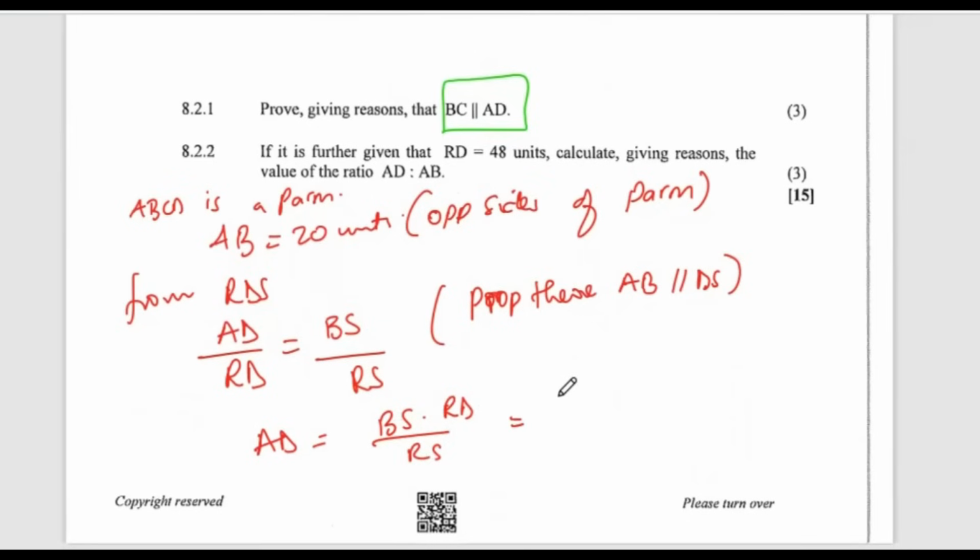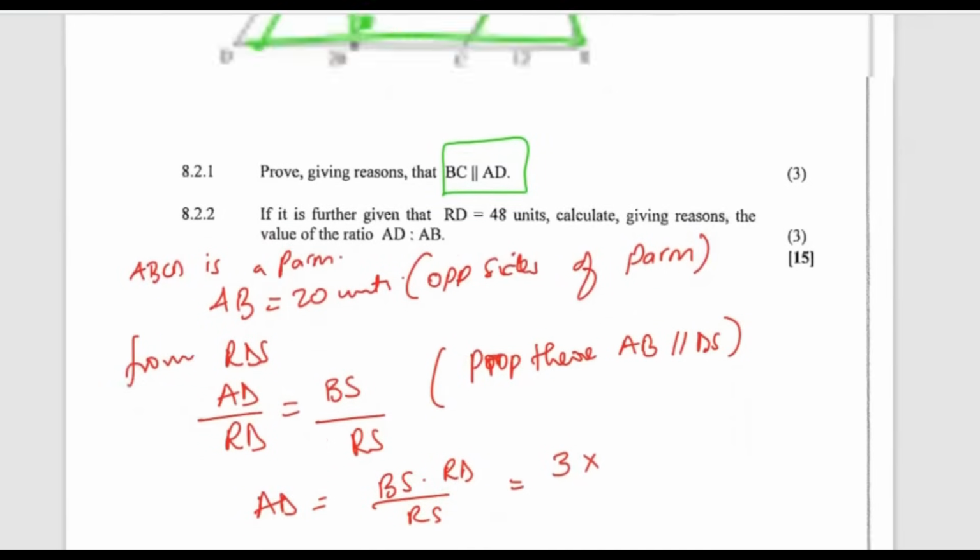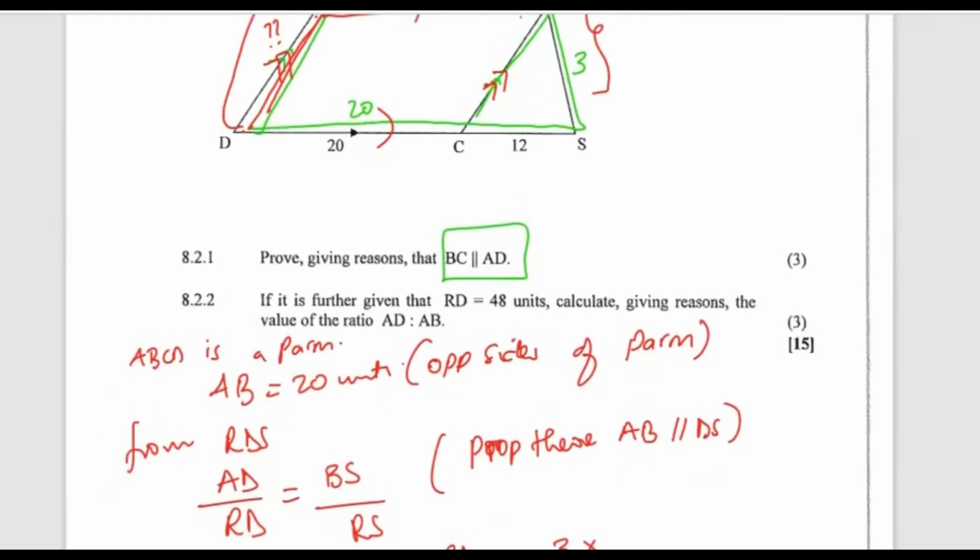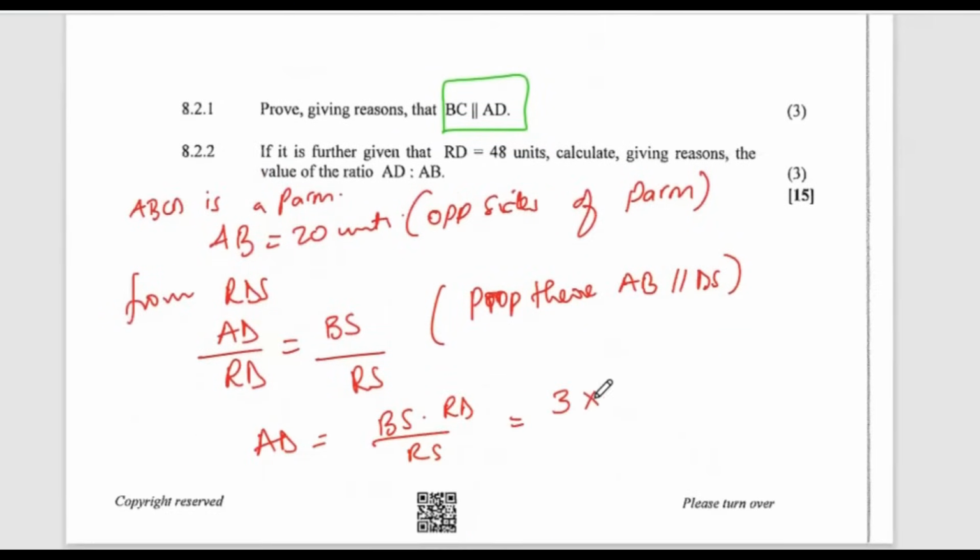So our BS we said was 3. And then I'm multiplying the 3 by the RD, which is 48, and dividing it by, no, not a 5 times. RS is 8, so that is the total length. It was 5 and 3.